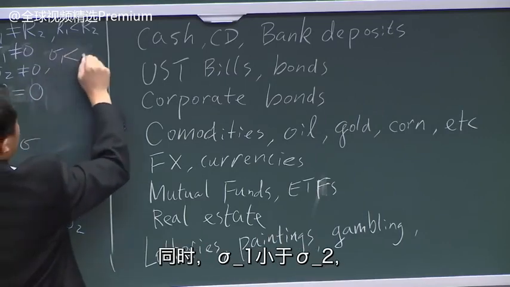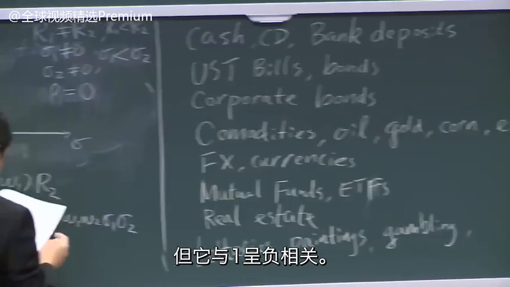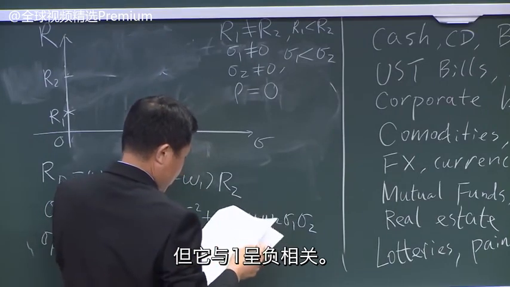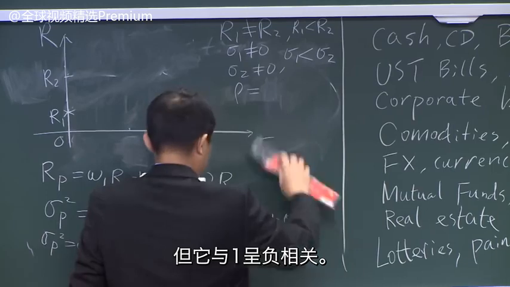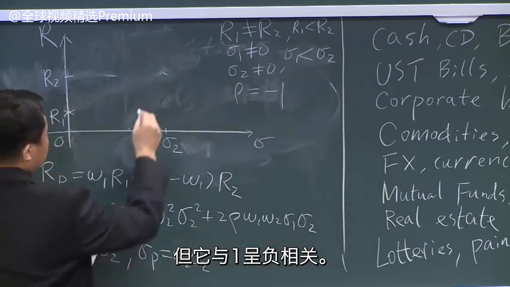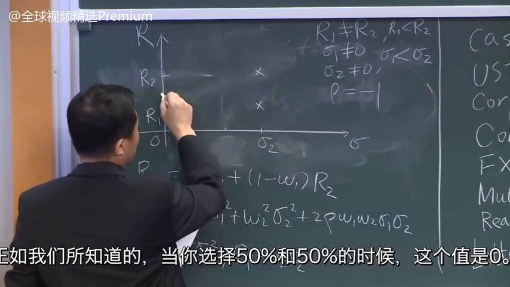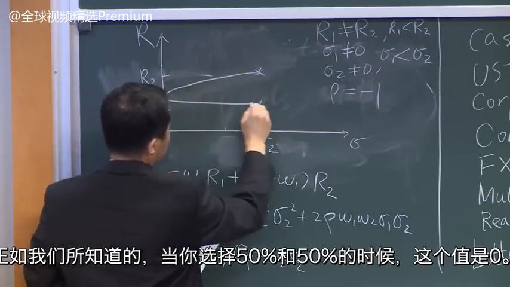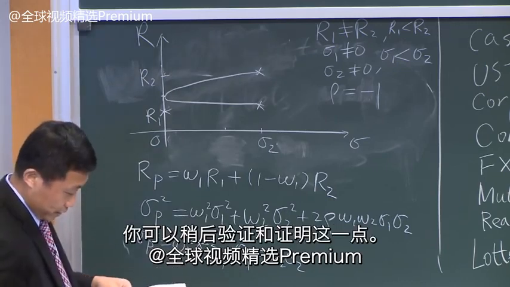Also, sigma 1 is less than sigma 2, but it has a negative correlation of 1. So you have asset 1, asset 2, and as we know, when you pick half and half, this goes to 0. So this is a quadratic function. You can verify and prove it later.